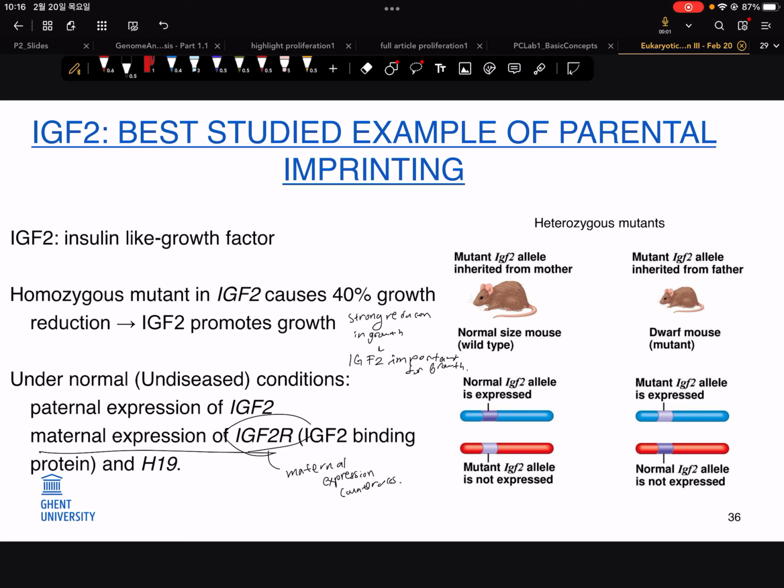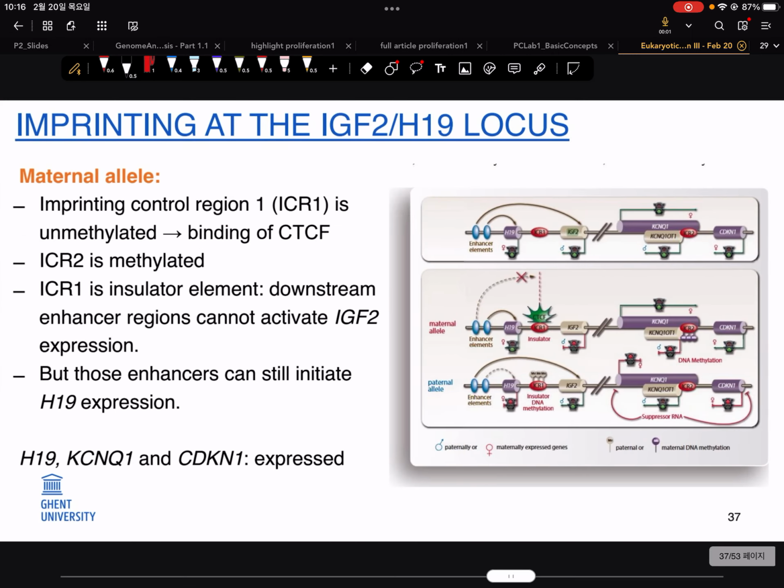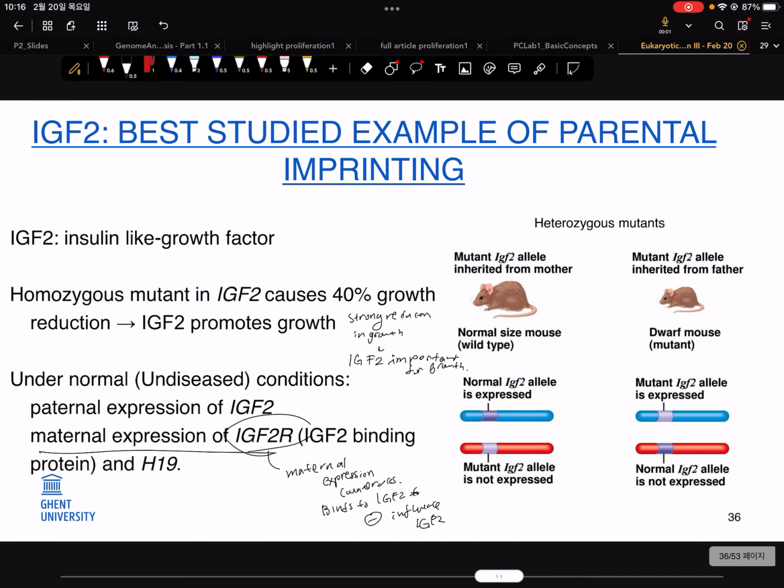So it negatively influences IGF-2 to keep it under control, to say, whoa, not too fast, don't grow too fast. I also need to survive, because IGF-2 is creating overgrowth of an embryo and later, of course, also of the placenta, and then later also promoting growth of them. And H19 is also maternally.